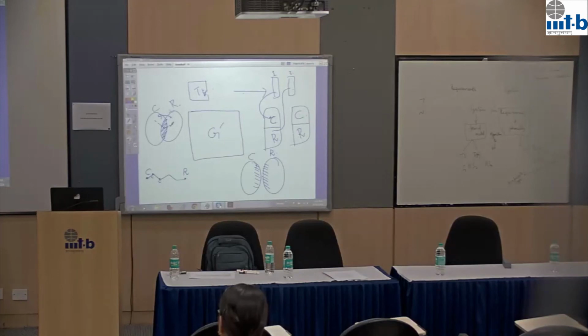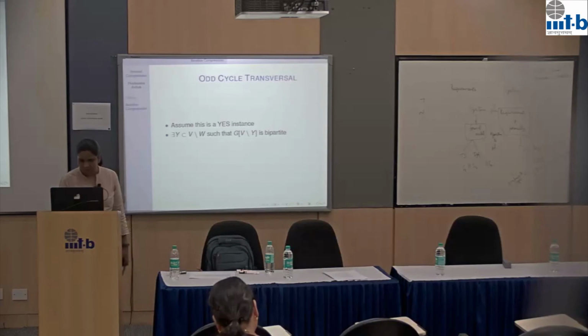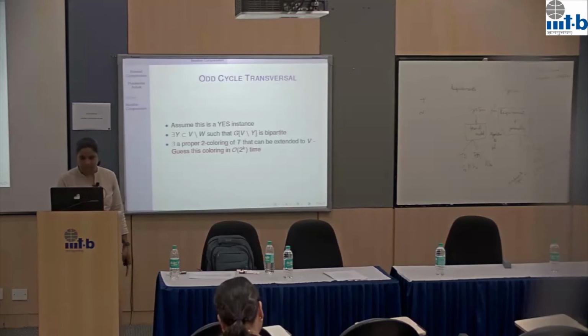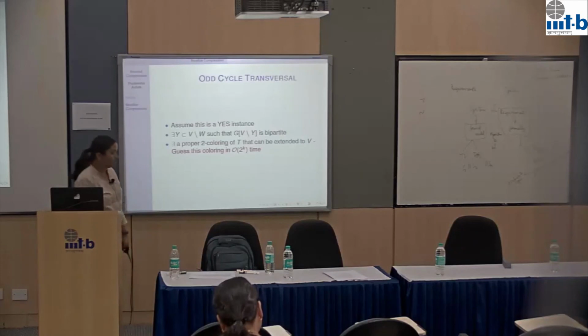First, guess the intersection of the solution with W, and you get a T. Then you guess a two coloring of T, and then run a min cut algorithm. So what is the running time for this?